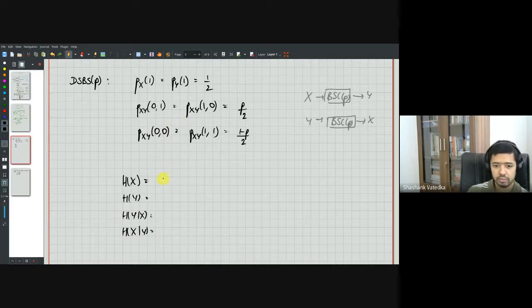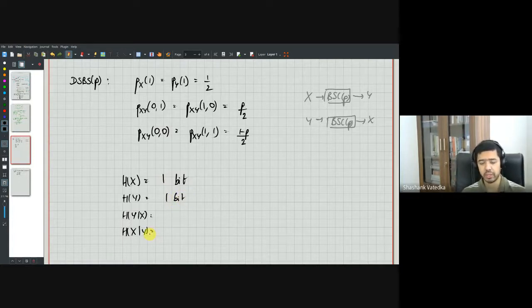It's 1 bit. H(Y) is also 1 bit. So if you had to compress X^n and Y^n separately, independently of each other, I mean, if you just had to use a standard optimal code, then basically you can't obtain any sort of compression. It's still 1 bit per symbol, so it's as good as not compressing X and Y at all.